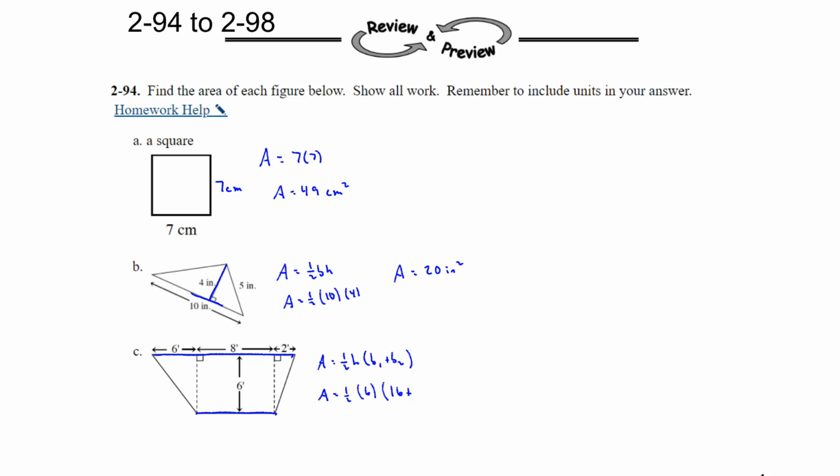And then the shorter base just represents from here to here, which we can see is 8 units, or 8 feet in this case. And so therefore 1/2 of 6 is 3. 16 plus 8 is 24. 24 times 3 is 72. So this would be 72 feet squared.